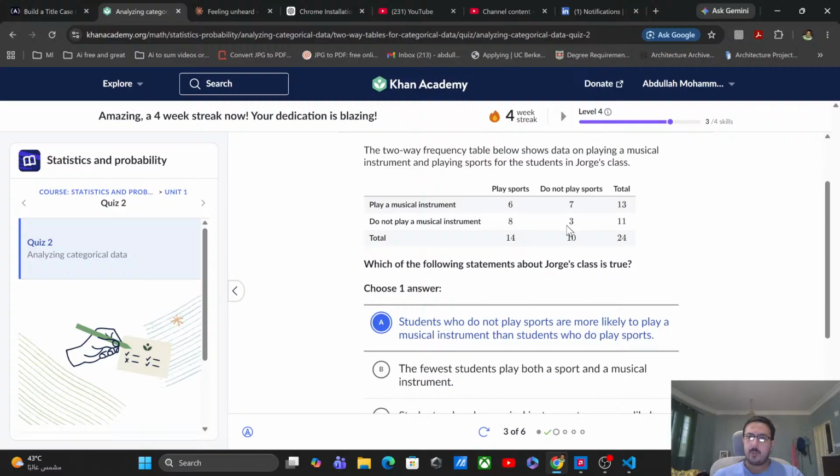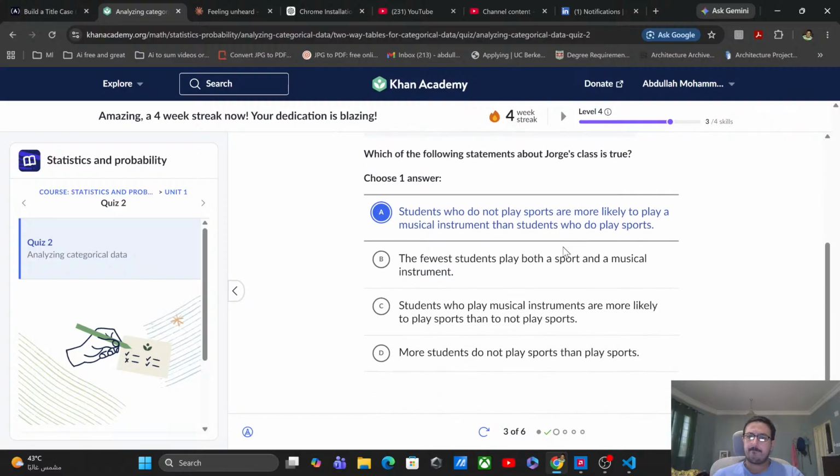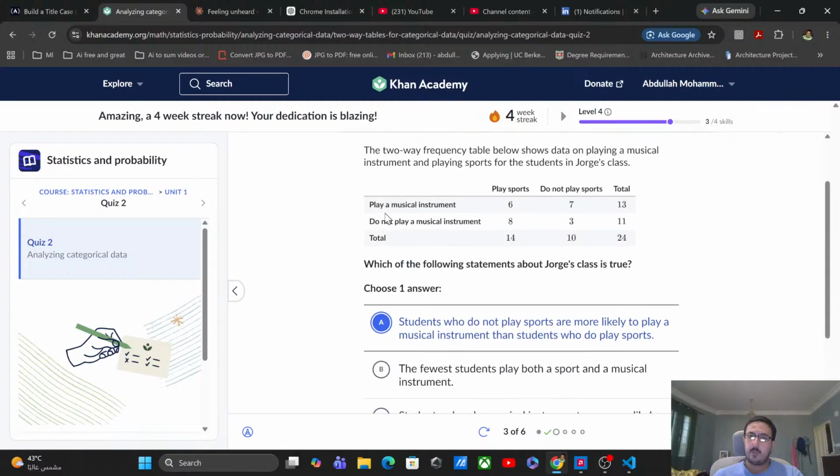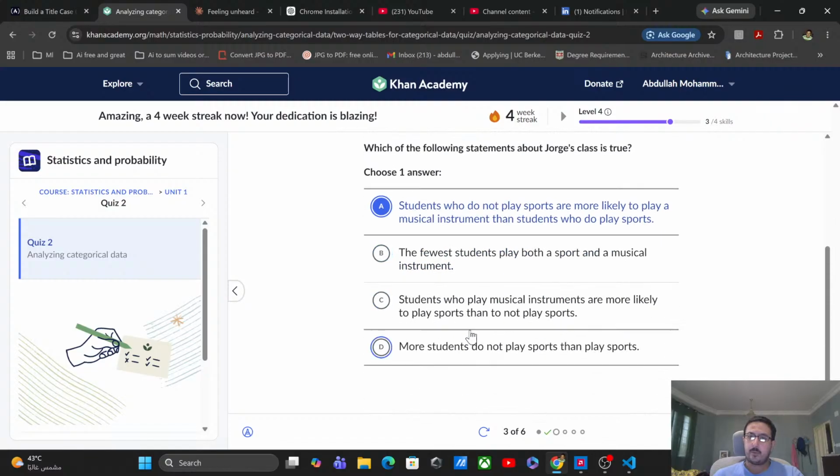Don't play, this is wrong. Students who play musical instruments are more likely to play sports than not play sports. Not true.